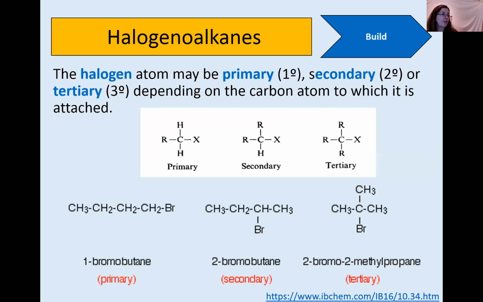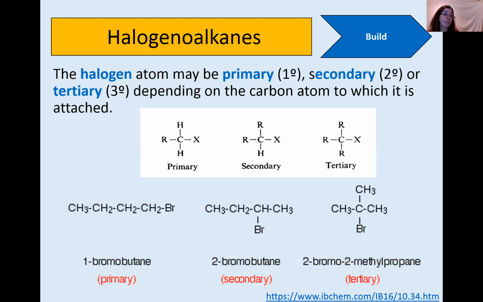Okay, so here we've got some more compounds, so examples of what a primary, secondary and tertiary haloalkane look like. And you can see with the first one, 1-bromobutane, the carbon that contains the bromine only has one other carbon on it, and so that's primary.